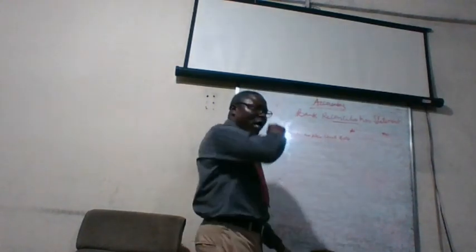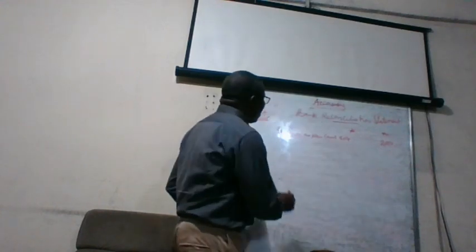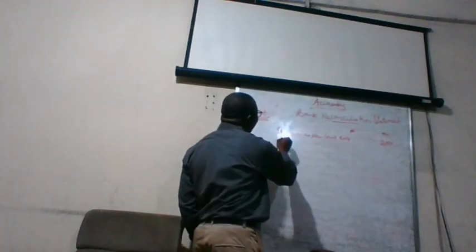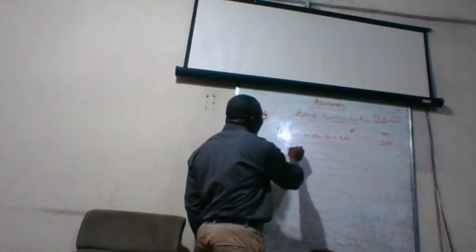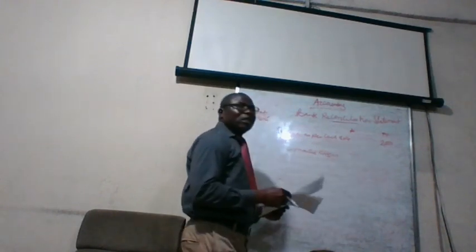What is the balance as per cash book here? 2,000 naira. Then you ask, what are you adding? Unpresented checks. How much is unpresented checks there? 1,500. Beautiful.